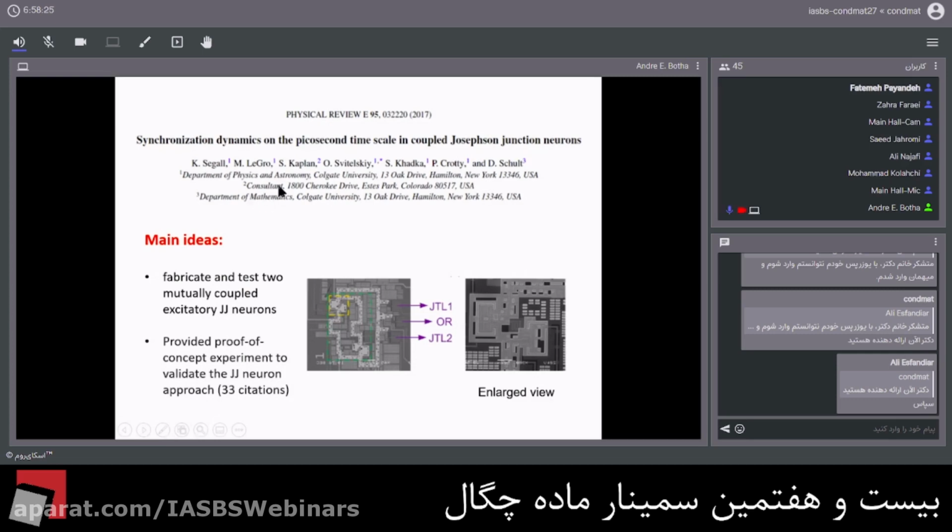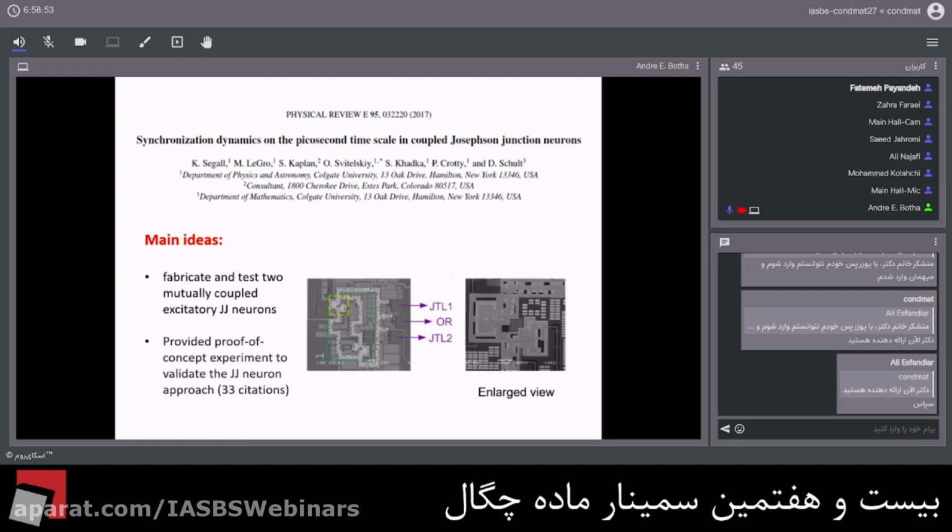You can see they consulted somebody in Colorado, and this is one of these labs that make Josephson junction circuits, and they were able to fabricate and test a circuit for 2 junctions that basically, like you saw in the previous paper.